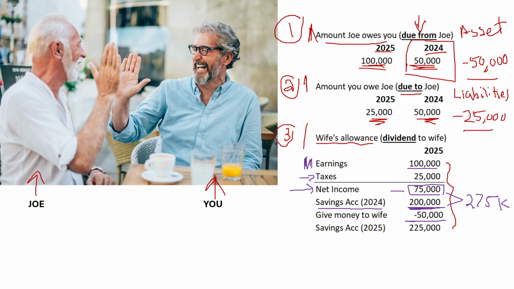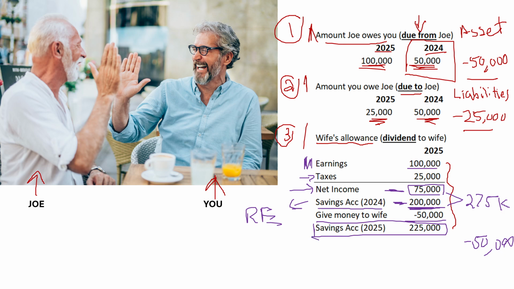This is the final net income amount plus the amount you actually have in your savings account. In the actual statement, this is called the retained earnings, okay, for the balance sheet.